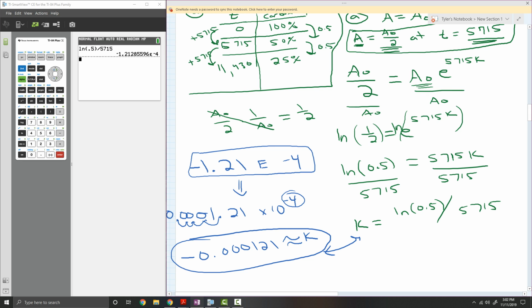So then my function, my decay model, would be A equals A sub 0 e to the negative 0.0000121 times t.